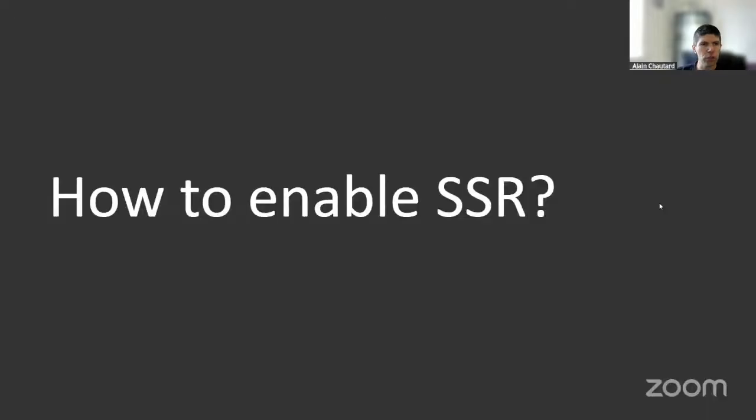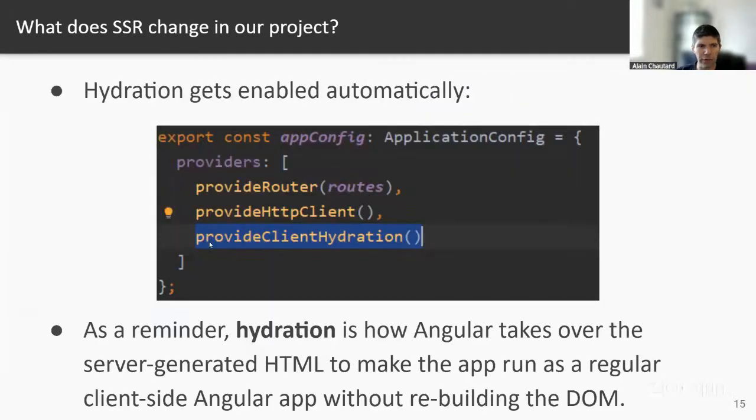So this is called hydration. And to have that hydration in place, this provideClientHydration option is automatically added when we add SSR, so we have it by default, right? And this is important because in the past, before Angular 17, if you did server-side rendering, what would happen is that when Angular was loading, instead of using the existing DOM, it would just destroy it and recreate it, which of course doesn't seem to make sense, right?